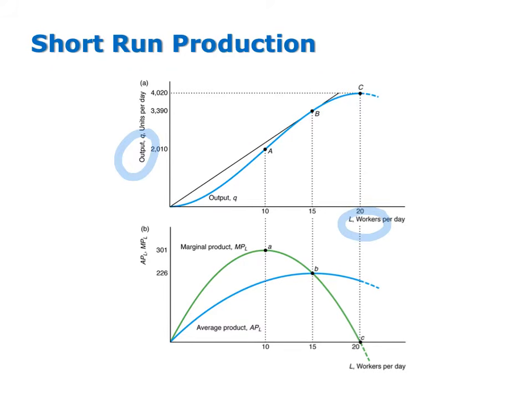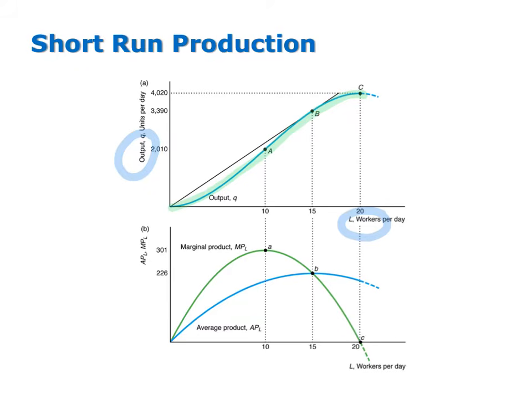What we see from this top graph is that up until point C, or 20 workers, output or total product is increasing as the number of workers per day is added. That is, up until point C, using more workers means producing more output.